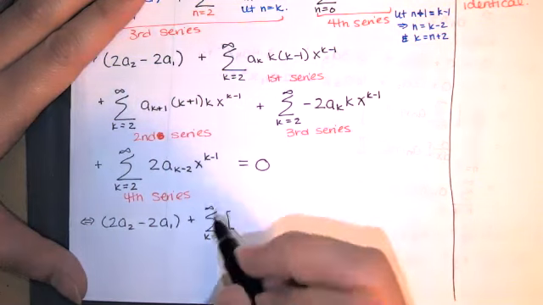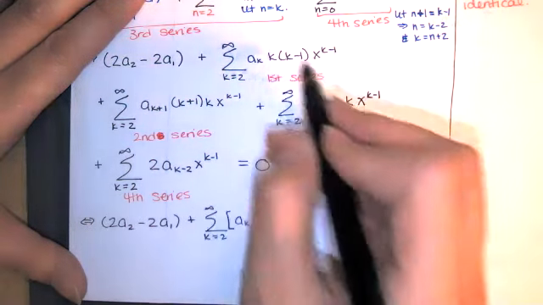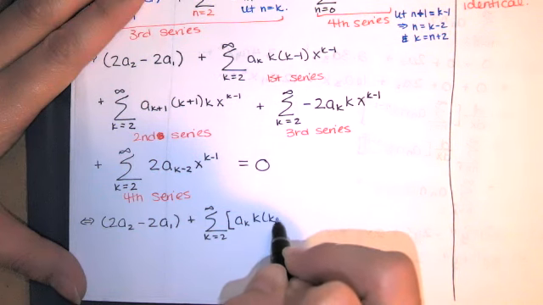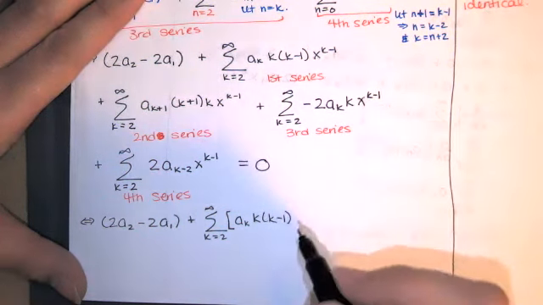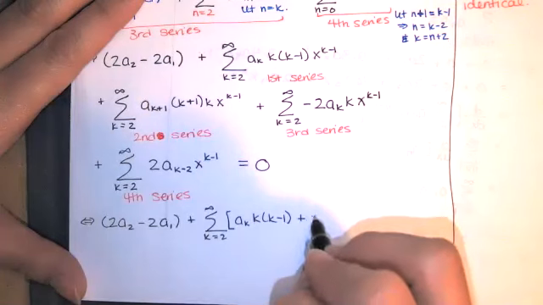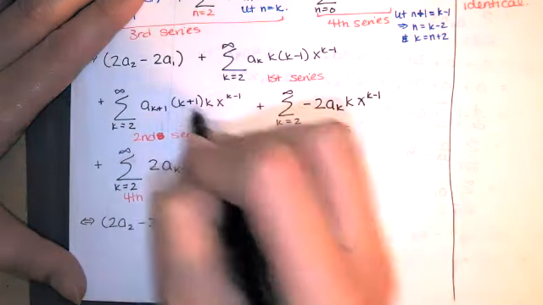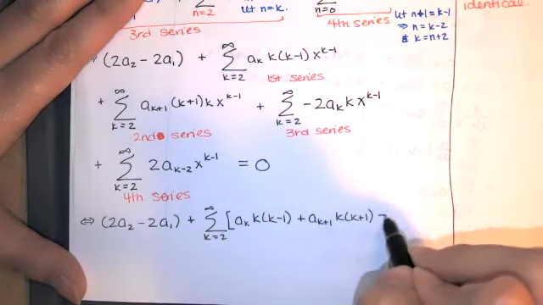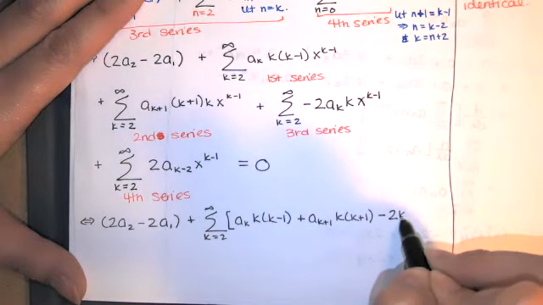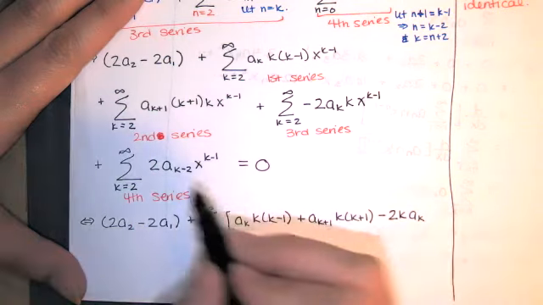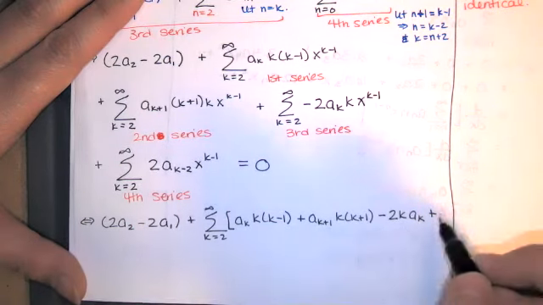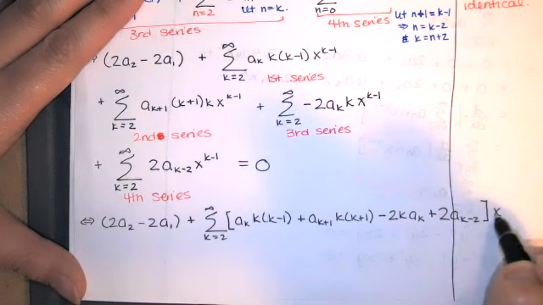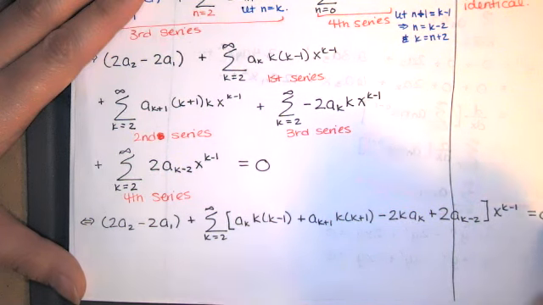So I have a sub k times k minus 1, times x to the k minus 1, plus a sub k plus 1 times k plus 1, minus 2 times k times a sub k, plus 2 times a sub k minus 2, all of that times x to the k minus 1 is equal to 0.